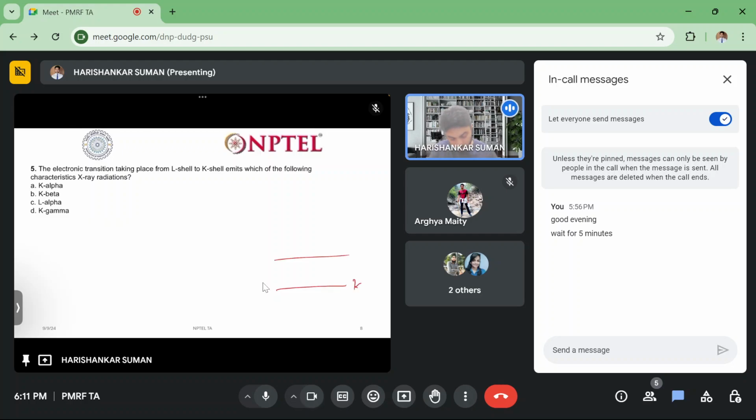This is K, L1, L2, L3, and transition takes place from the L shell to the K shell, which is known as characteristic X-ray.